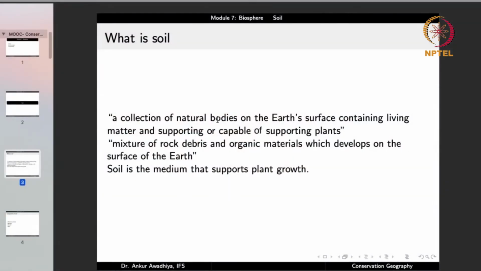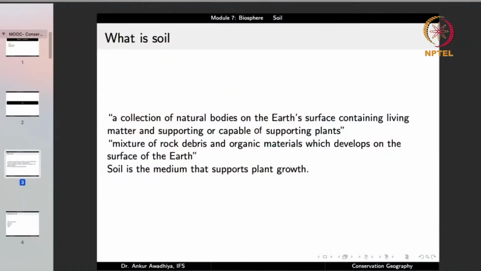And these natural bodies exist on the earth's surface. And they either contain living matter, or they support plants, or they are capable of supporting plants. Meaning that even if we have an area where these matter are not currently supporting plants, but they are capable of supporting plants, even then we will call it a soil.